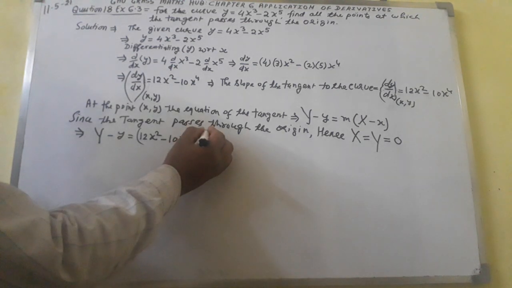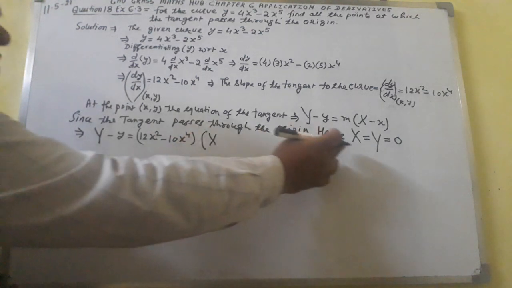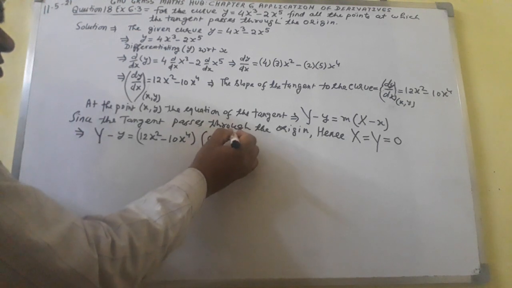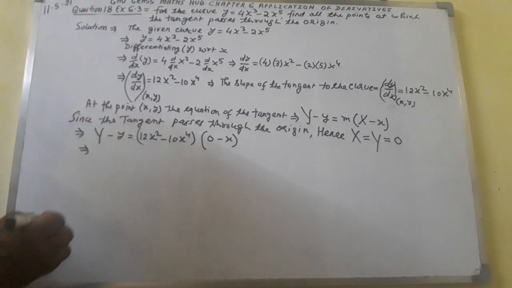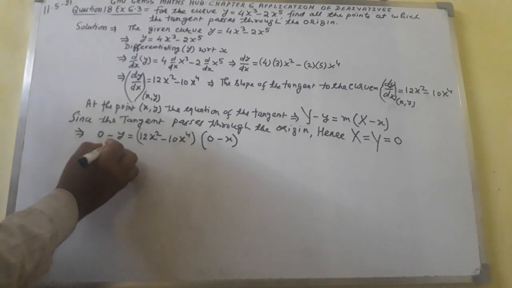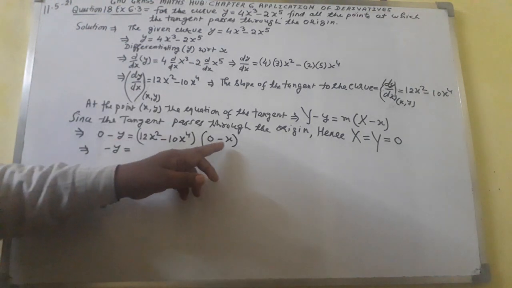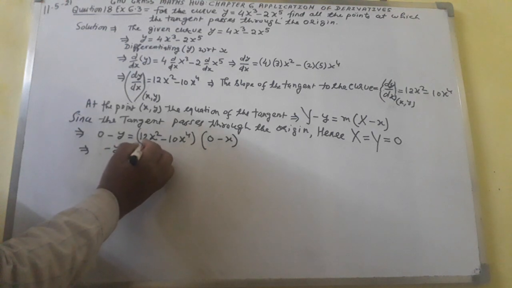In bracket I shall write capital X. The value of capital X is 0, so here write 0 minus x. Now do this operation. The value of capital Y is 0, so I shall write minus y equal to, here minus x will get inside. Take minus 1 as common.